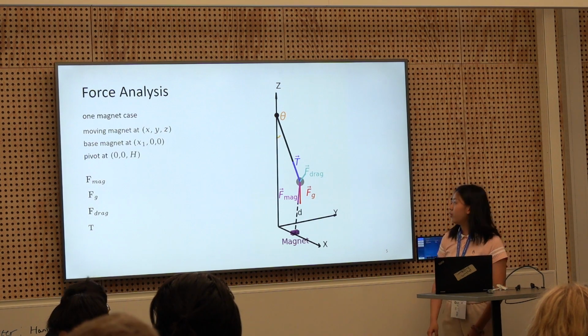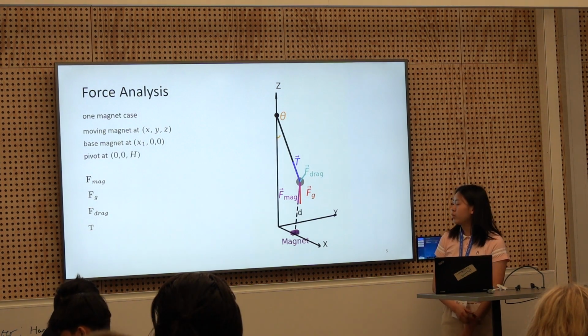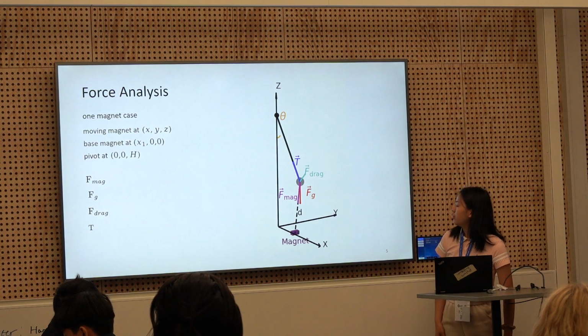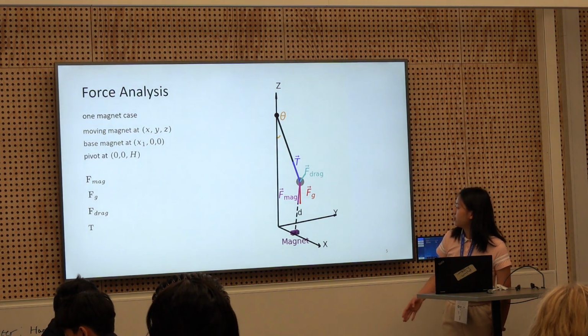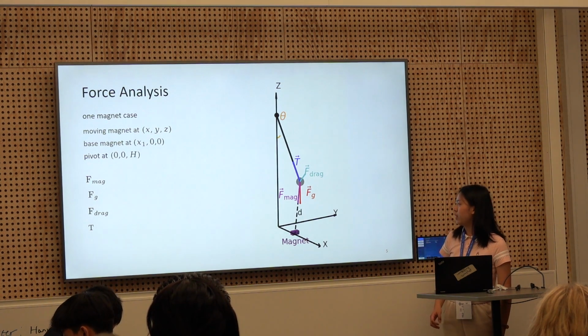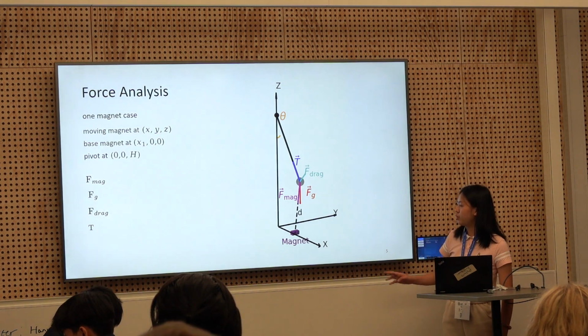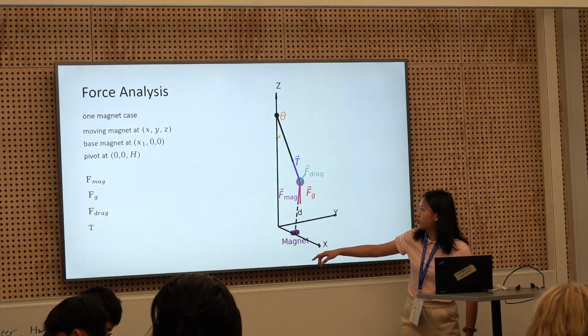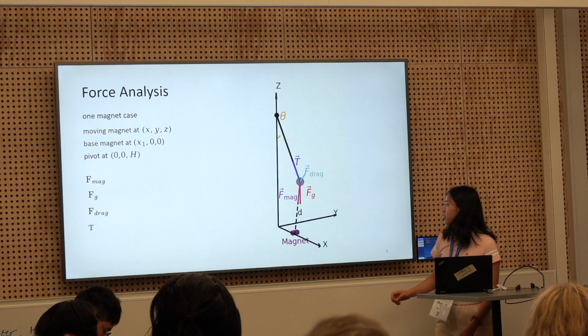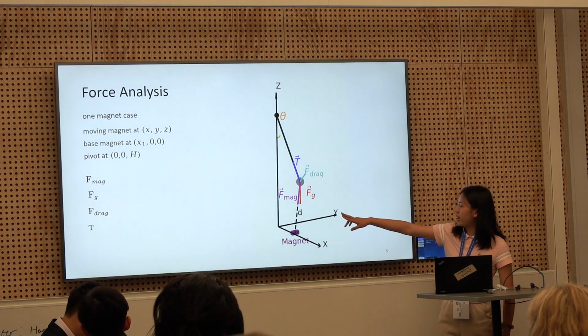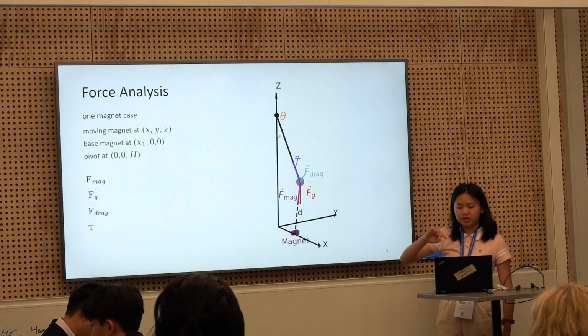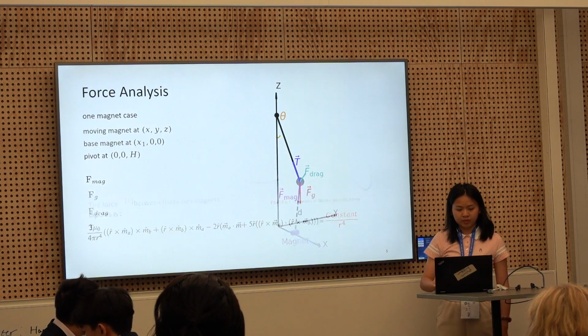So we do the force analysis in order to get the equation of the motion. There are 4 forces applied on the moving magnet if there's only one base magnet at (x1, 0, 0). And there are gravitational force, magnetic force, drag force, and tension. So we're going to calculate them one by one.